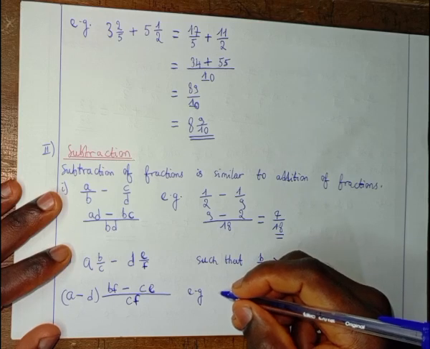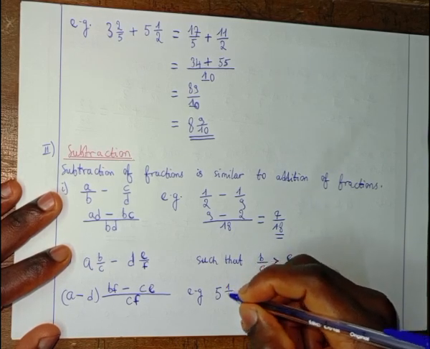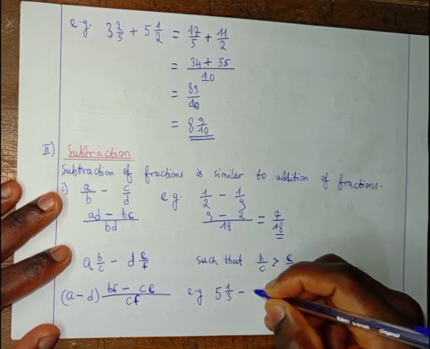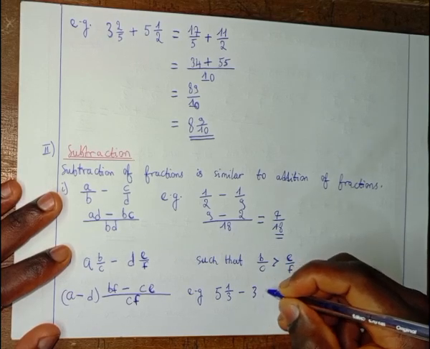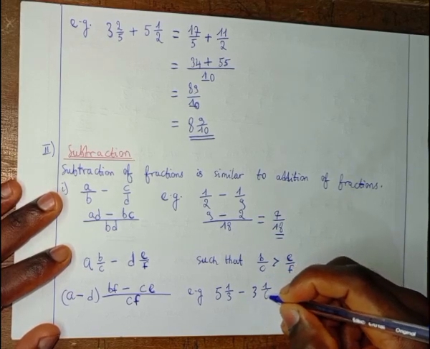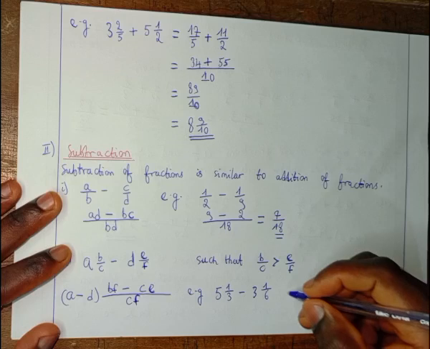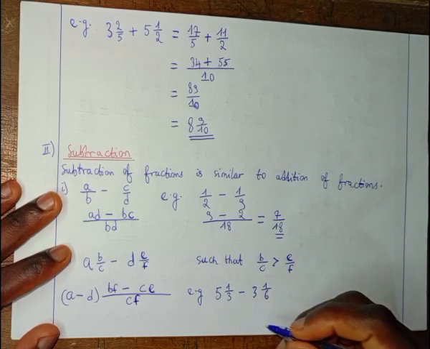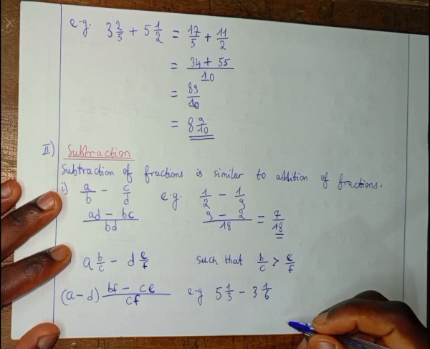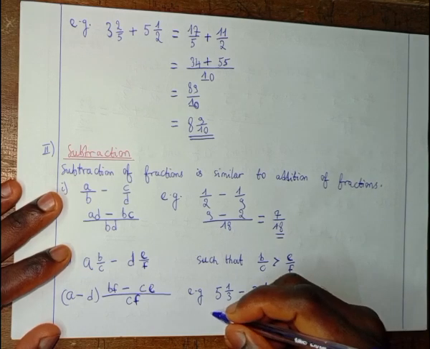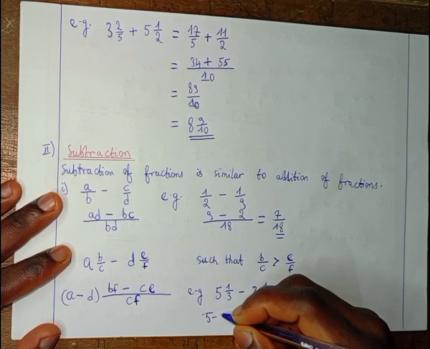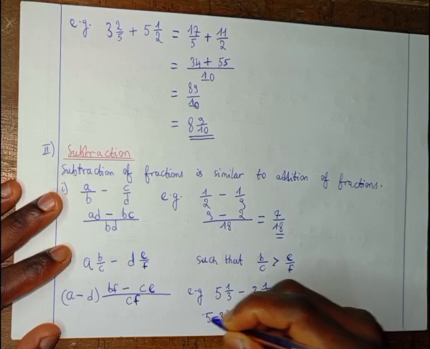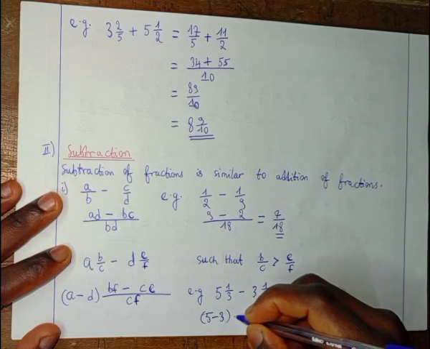We take 5 and 1/3 minus 3 and 1/6. This will simply give us, we need to start by subtracting their whole number parts. This will give us 5 minus 3, such.